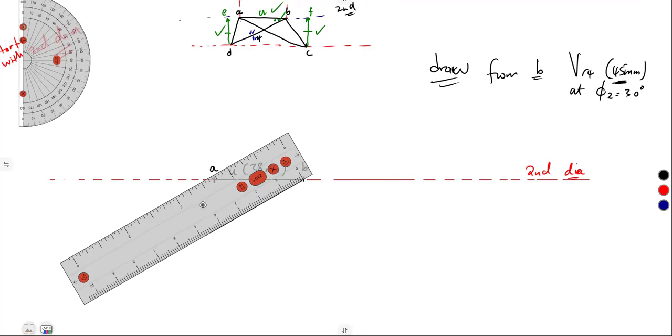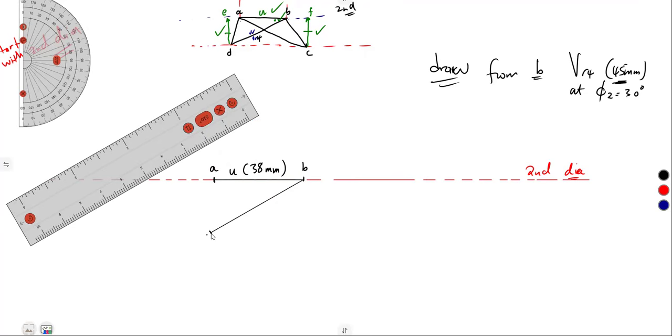That is where it ends, and that's going to be at point D. So we have the point D from that information.